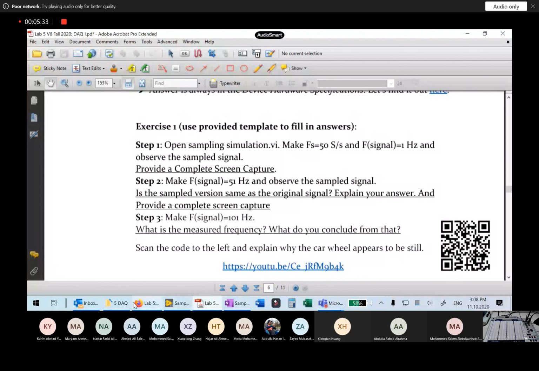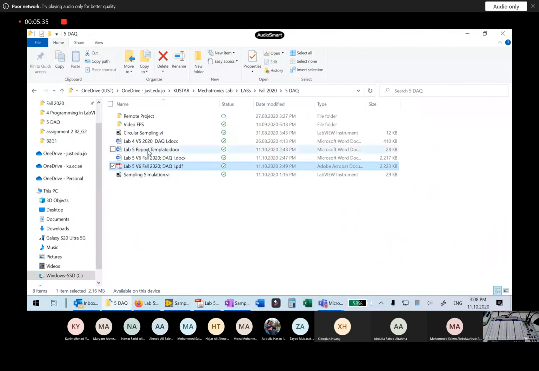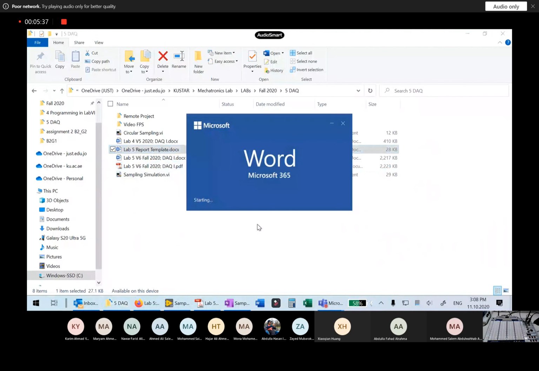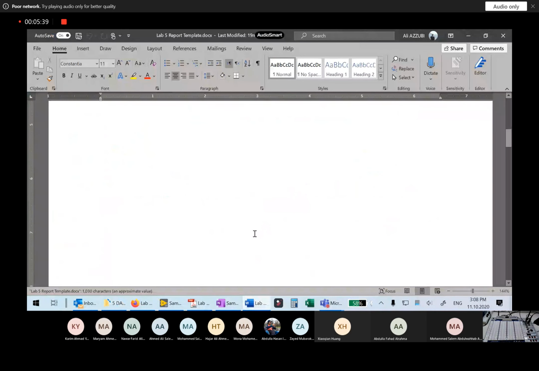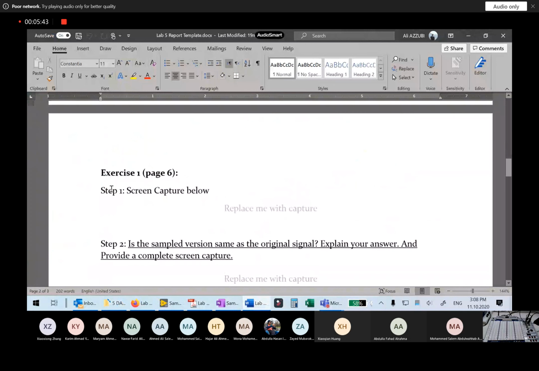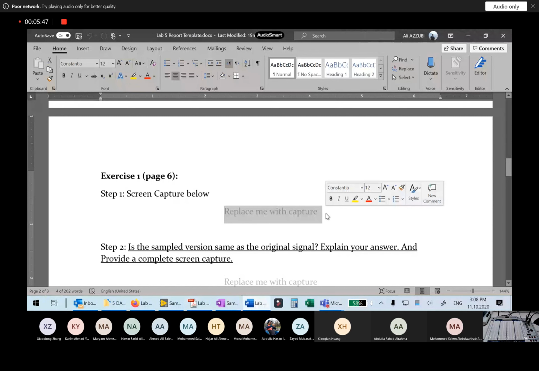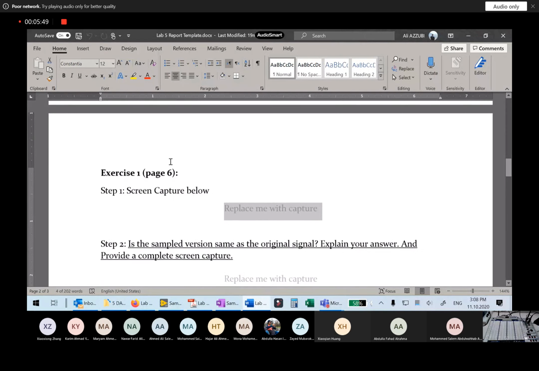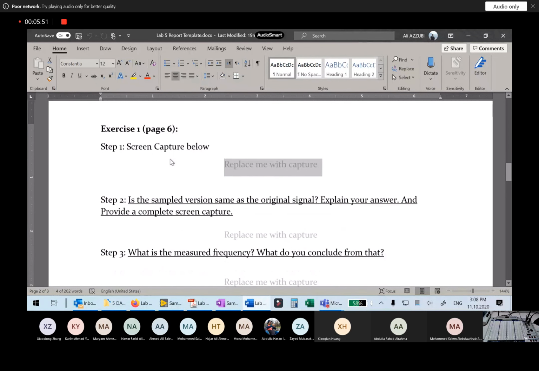At this point, I will open my report template. So this is the report template, and for step number 1, exercise number 1, I will provide my capture here. Basically, you have to answer the questions from the manual here in the report template.